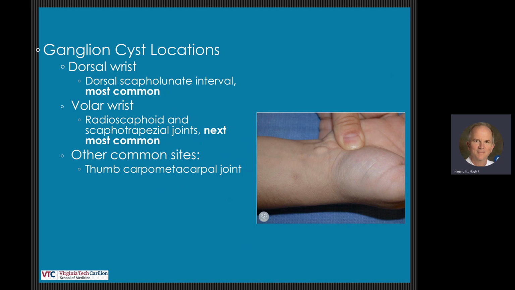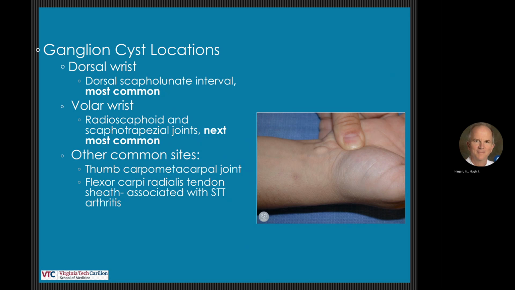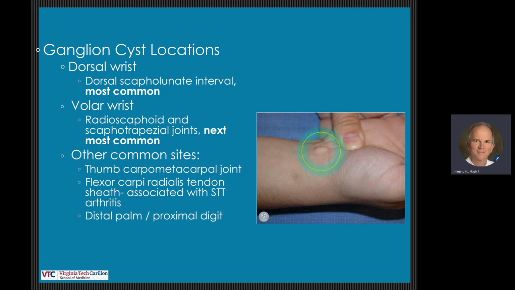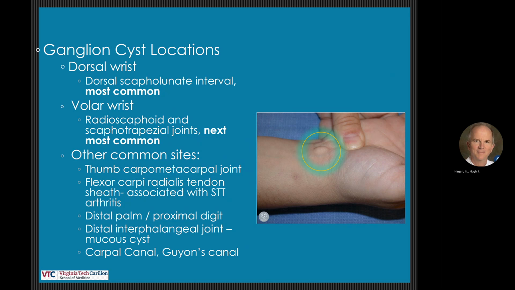There are other common sites, such as the thumb carpometacarpal joint, the flexor carpi radialis tendon sheath, associated with STT arthritis in many cases, the distal palm or proximal digit, and the distal interphalangeal joint, otherwise known as a mucous cyst. Cysts can present in enclosed locations, such as the carpal tunnel or in Guyon's canal, and produce secondary nerve compression syndromes.